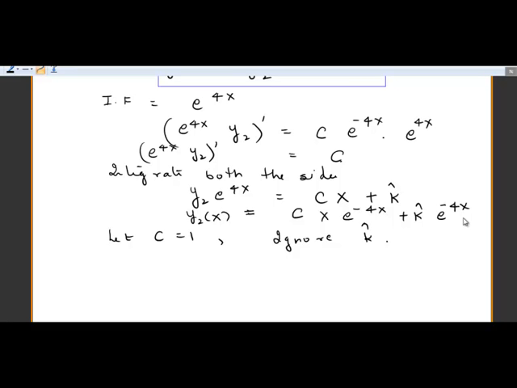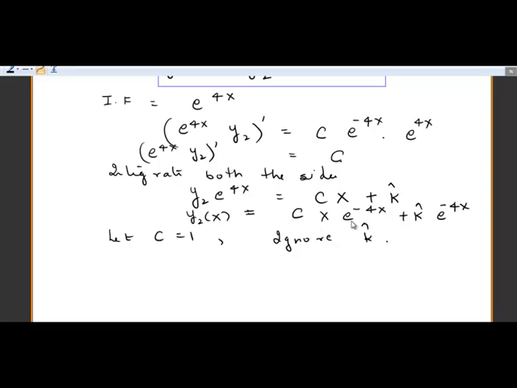Any constant times e to the power minus 4x will also be a solution of a homogeneous problem. We are looking for what? We are looking for a linearly independent solution of the differential equation. Any constant multiple of e to the power negative 4x will be linearly dependent on e to the power minus 4x. So this portion is not giving us a linearly independent solution.